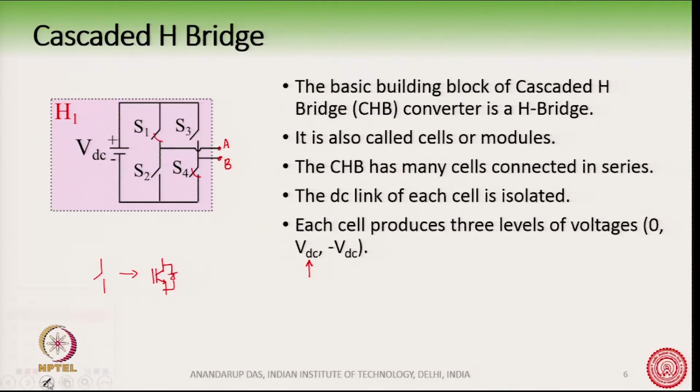On the other hand, if we turn on S2 and S3, then the VAB voltage is minus VDC, this one. Okay. And of course, when we turn on S1 and S3 or S2 and S4, we get 0 voltage here. So, there are 3 voltages available from one H bridge or one cell.